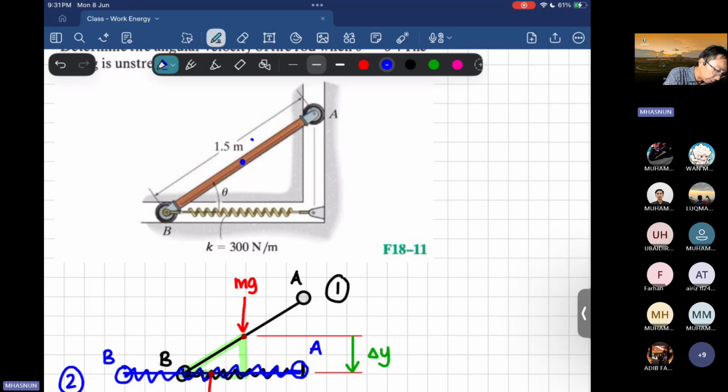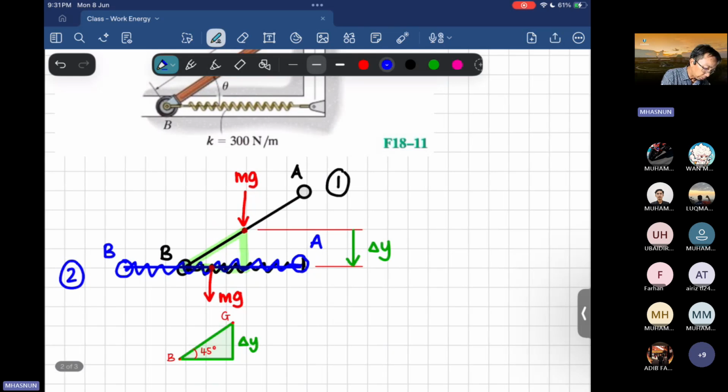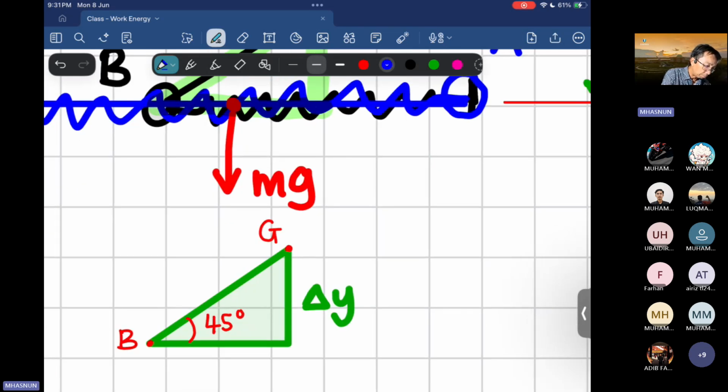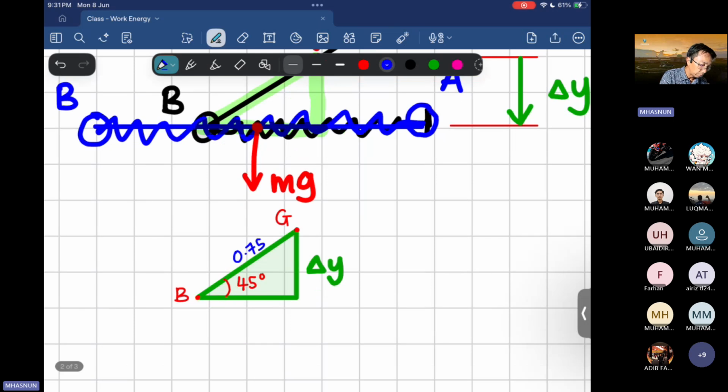This is point G. So the length B to G is basically half of the length of the rod. So if we zoom in here, the length B to G will be 0.75, because the total length of the rod is 1.5 meter. Okay. So this is the information that we know. And we also know that this is 90 degrees. And up here is also 45 degrees.